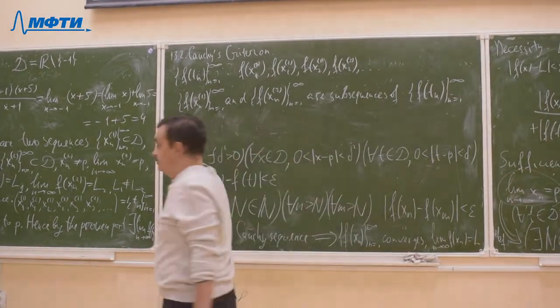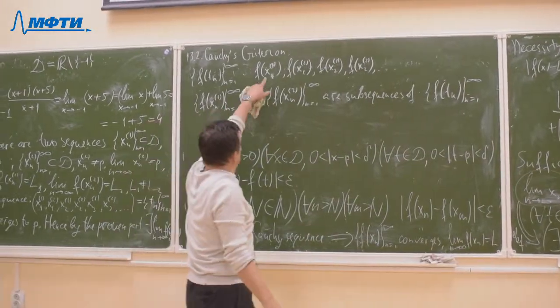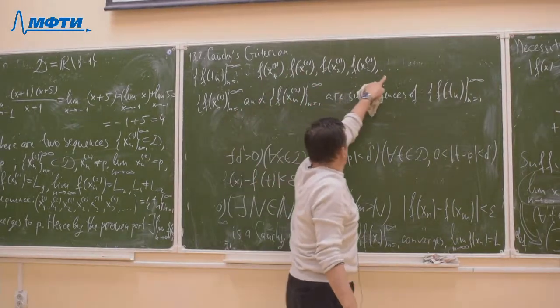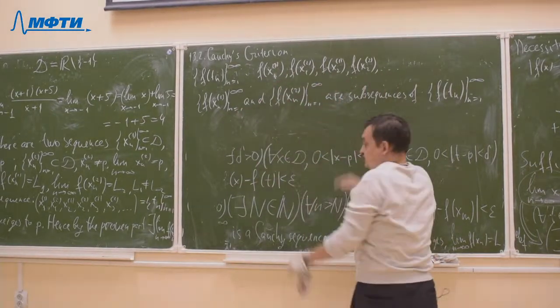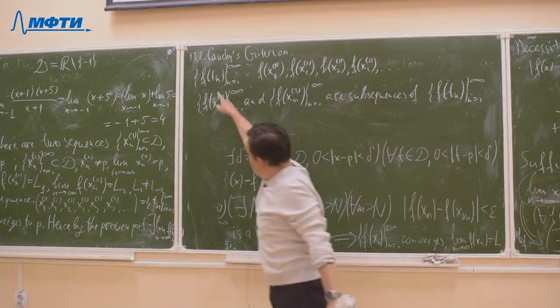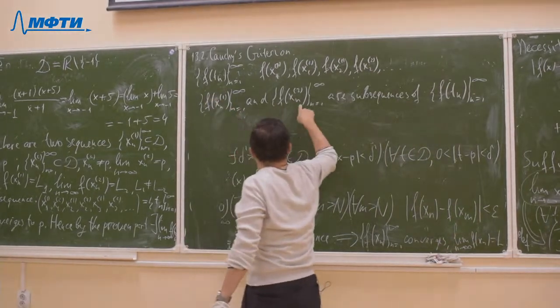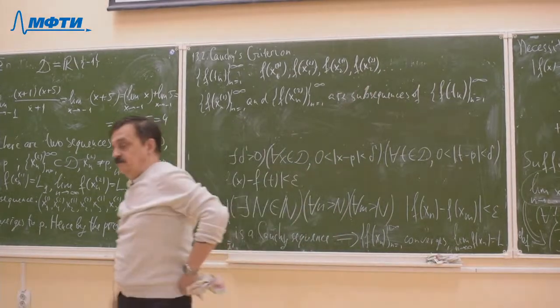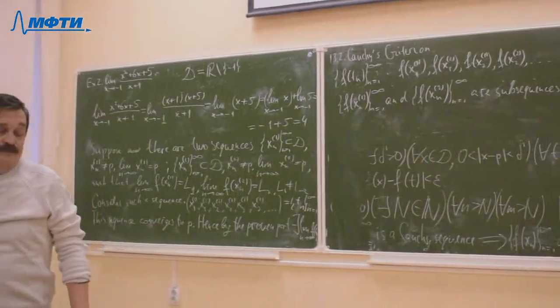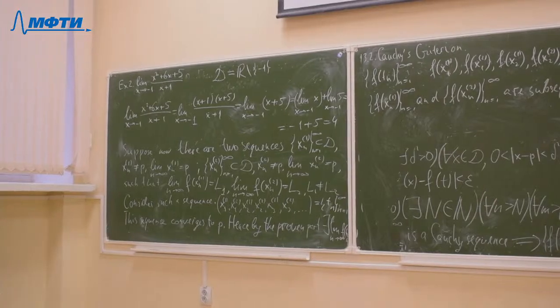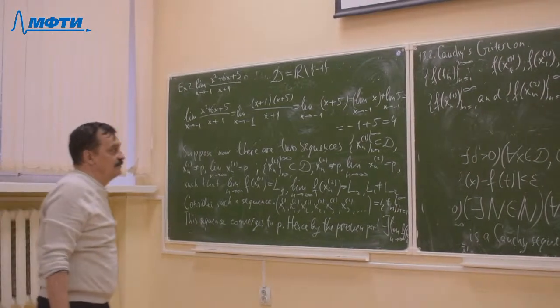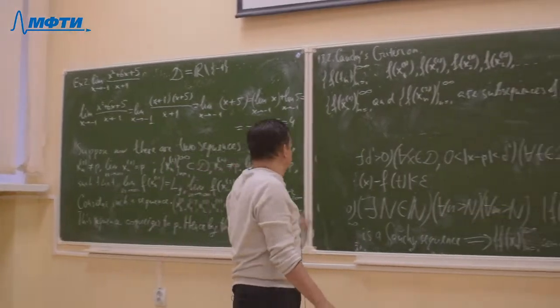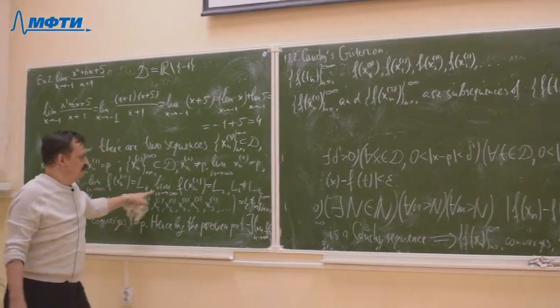Why? Because f of x_{n,1} are the members with odd indices from here, right? f of x_{n,2} are the members with even indices. And they have different limits.